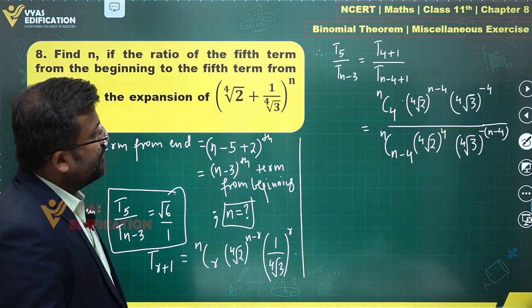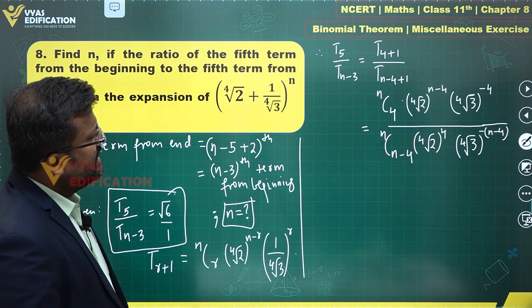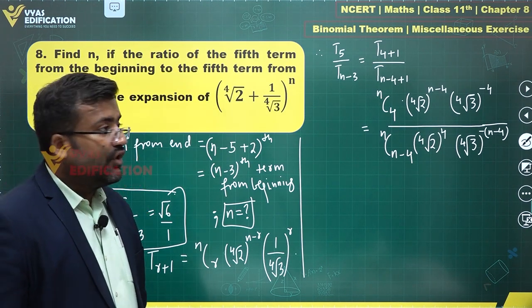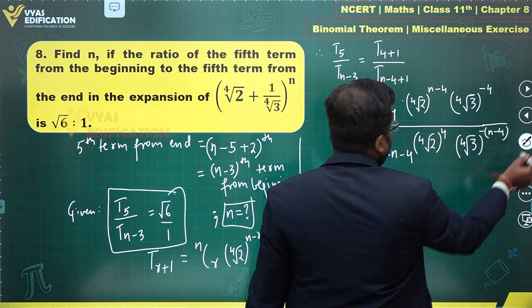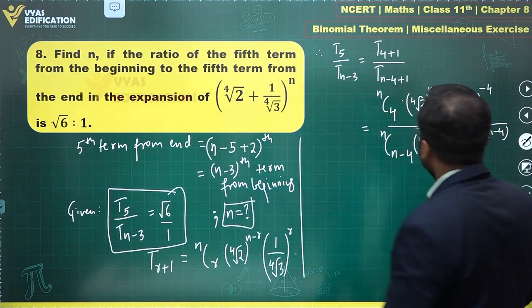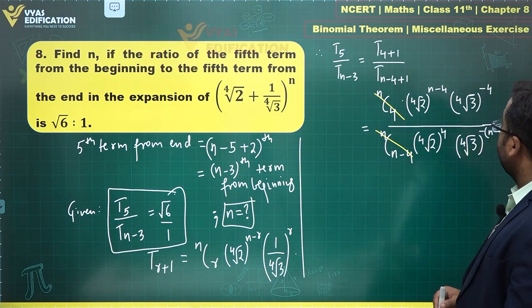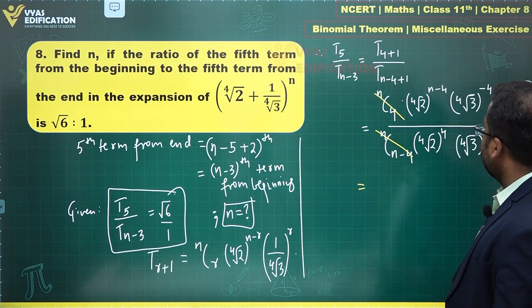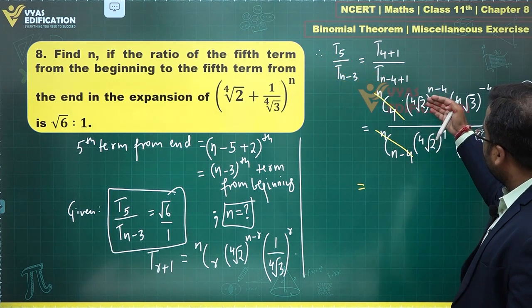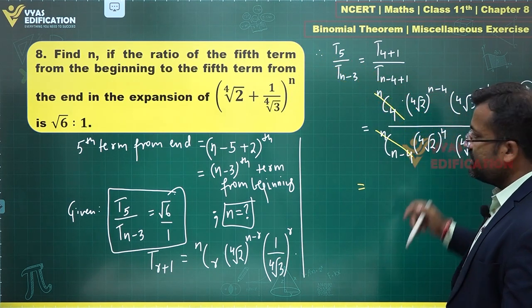Once you have written this properly, what next? Let's see what all gets cancelled over here. I observe that NC n minus 4 and NC 4 are exactly the same. What will this simplify into? This is power n minus 4, this is power 4.